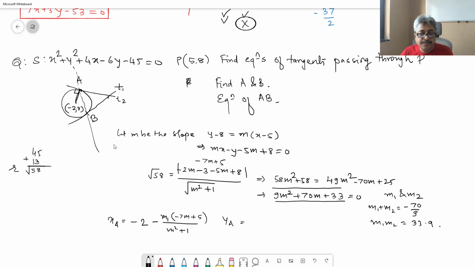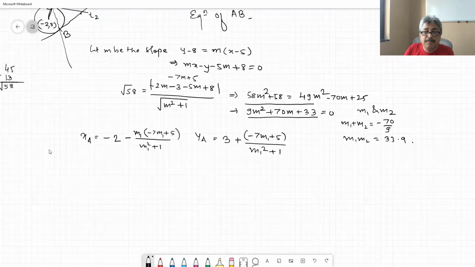ya will be 3 minus, where is y? -1, so maybe 3 plus, inside the bracket -7m plus 5. Now this m is m1, upon m1 square plus 1. Okay.